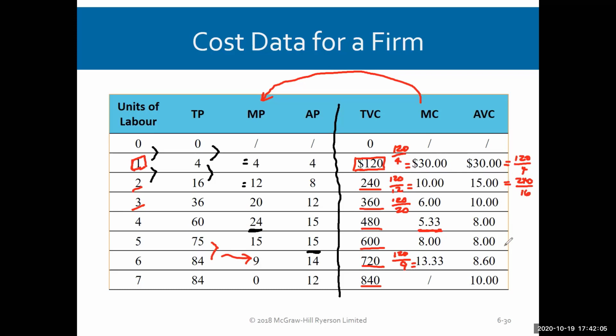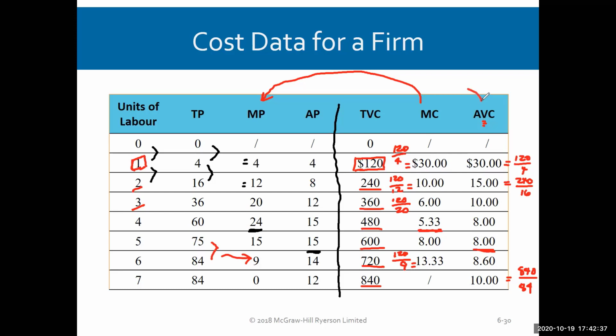And we continue to go down to the very end where we see that the total cost happens to be 840. Total variable cost has to be 840. And we divide by an output of 84. So our average variable cost is 10. Okay, so keep in mind, we were looking at variable costs here. And now look, average variable cost falls to a minimum and turns around and starts rising.